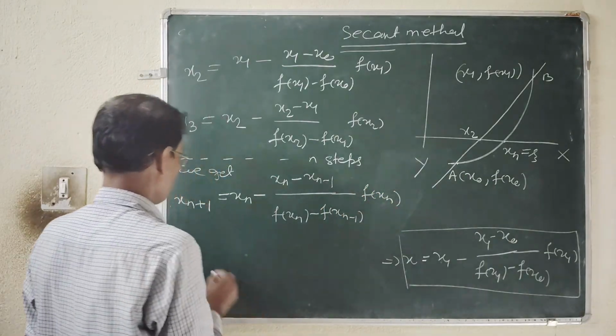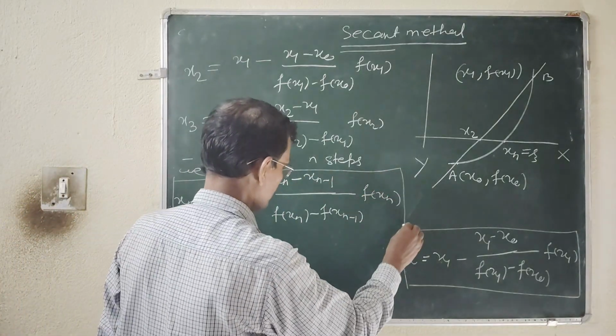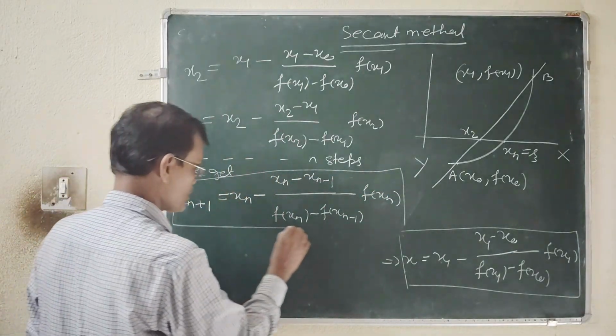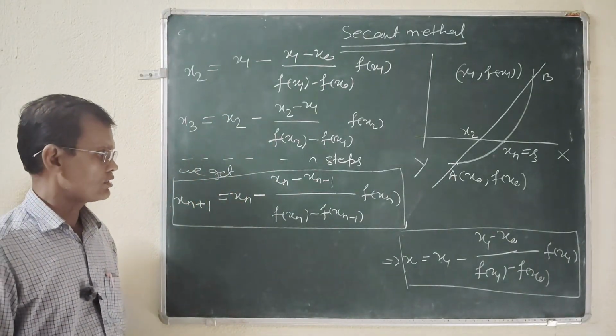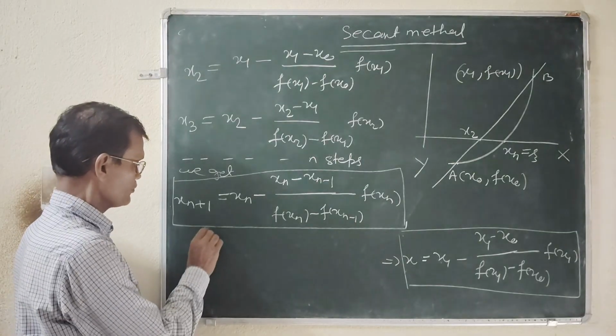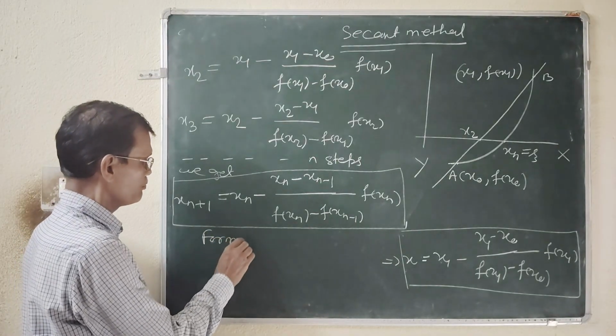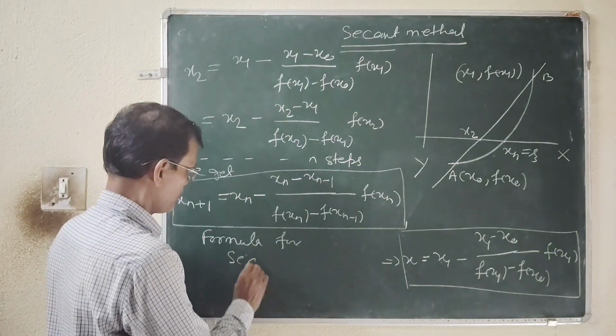This is the formula which we finally derived, and we will use this formula to find the solution of an equation using the secant method. So this one is called the formula for the secant method.